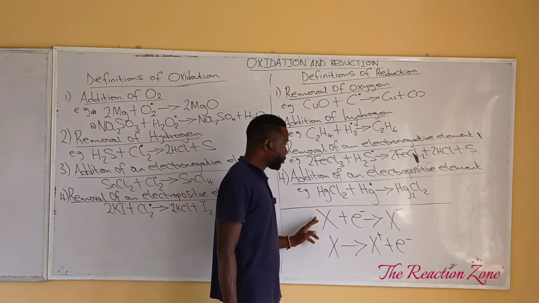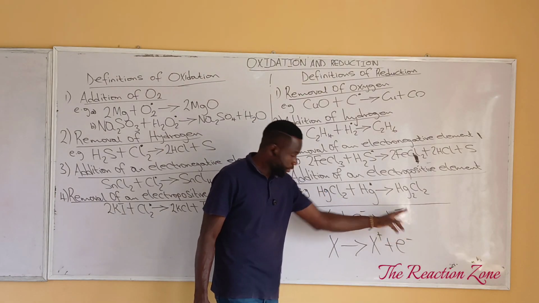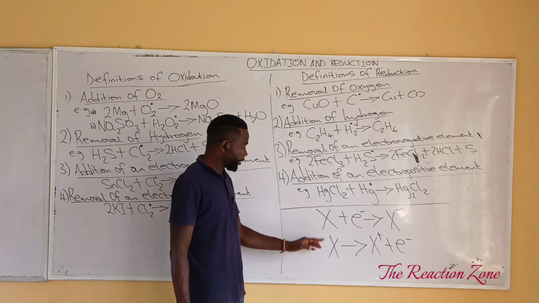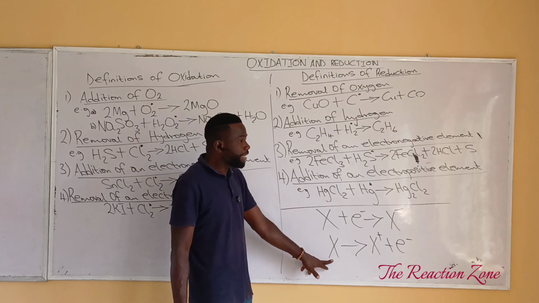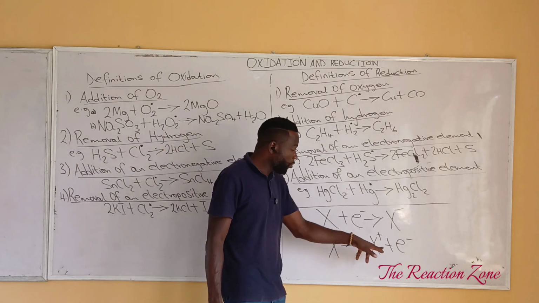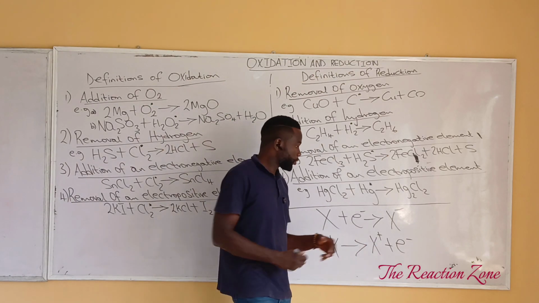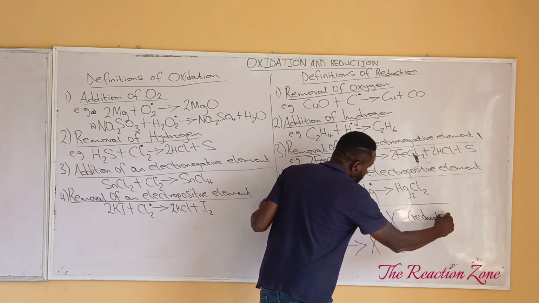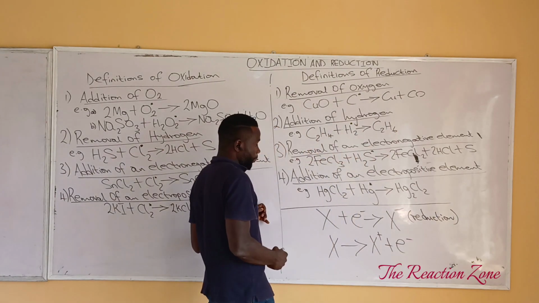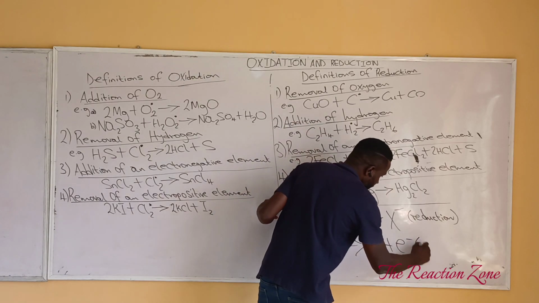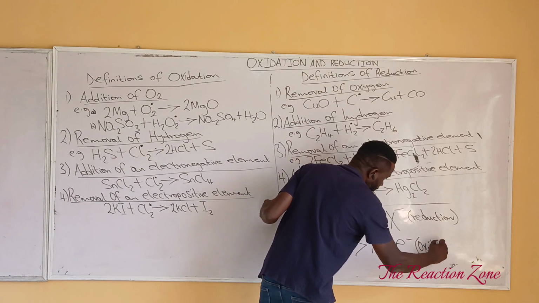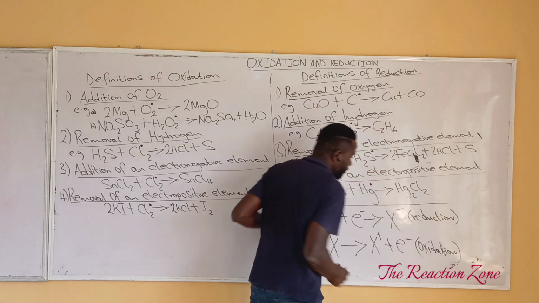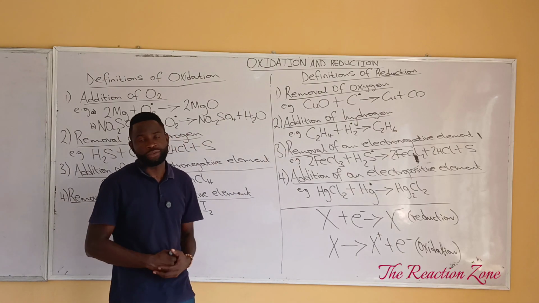It is reduced to the anion. In the second illustration here, the element X is oxidized to its cation. So this is reduction because it involves gaining of electrons, and this here is oxidation because it involves loss of electrons.